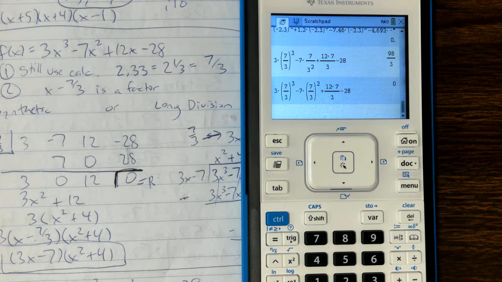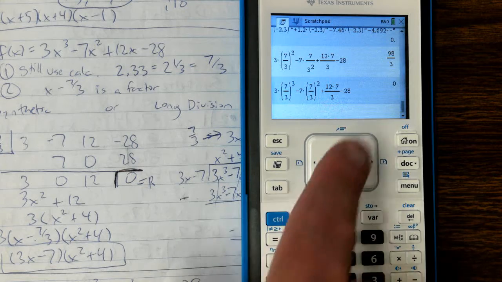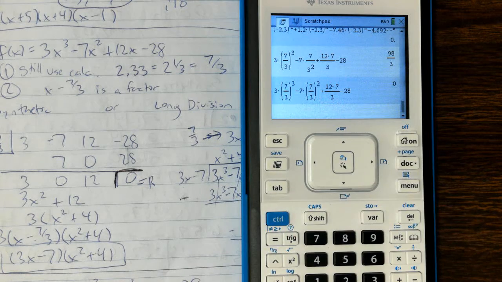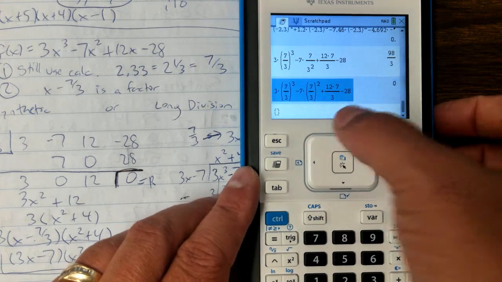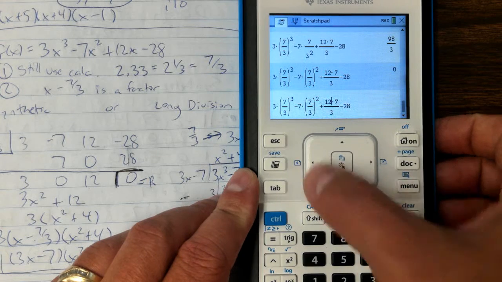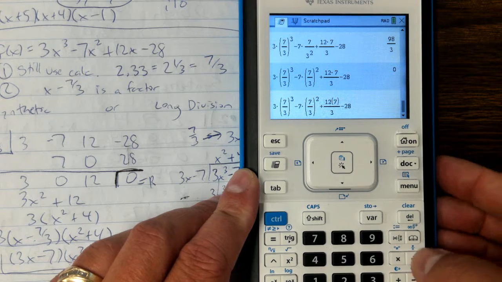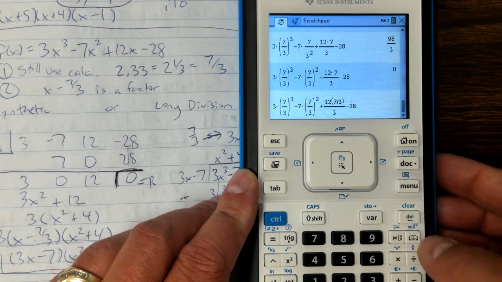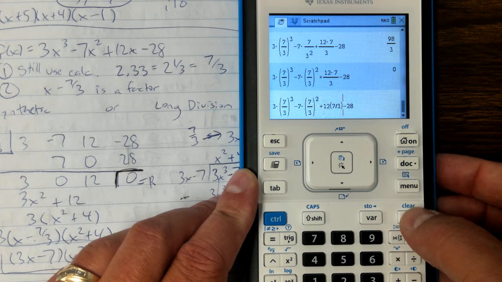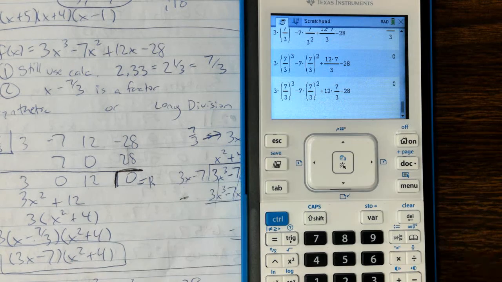Wait, did you put... you need to do 12 times 7/3 instead of 12 times 7/3. Oh, that doesn't matter. That's a good question. So if I wanted to, I could have done it like she's saying. So 7 divided by 3 like that. Yeah. Okay, yeah, so very good question.